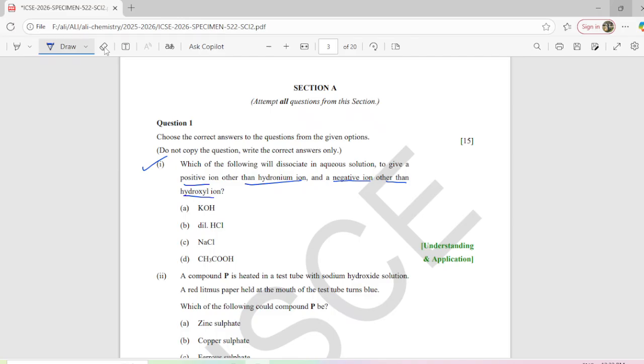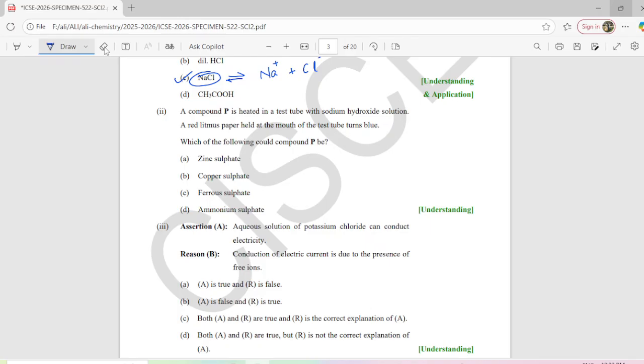So it is asking which compound will give a positive ion, but it should not be hydronium ion, and a negative ion which should not be hydroxyl ion. So the answer can be NaCl, which on dissociation gives Na plus and Cl minus. So the answer is C, NaCl.